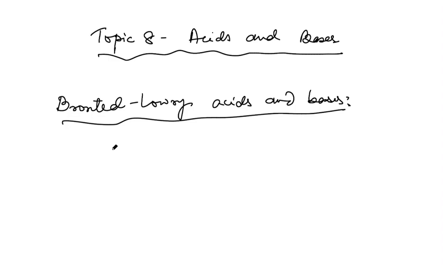First of all, let us see what Bronsted-Lowry says. According to Bronsted-Lowry theory, it is a definition of acids and bases. Acids are proton donors. Proton means H ion.